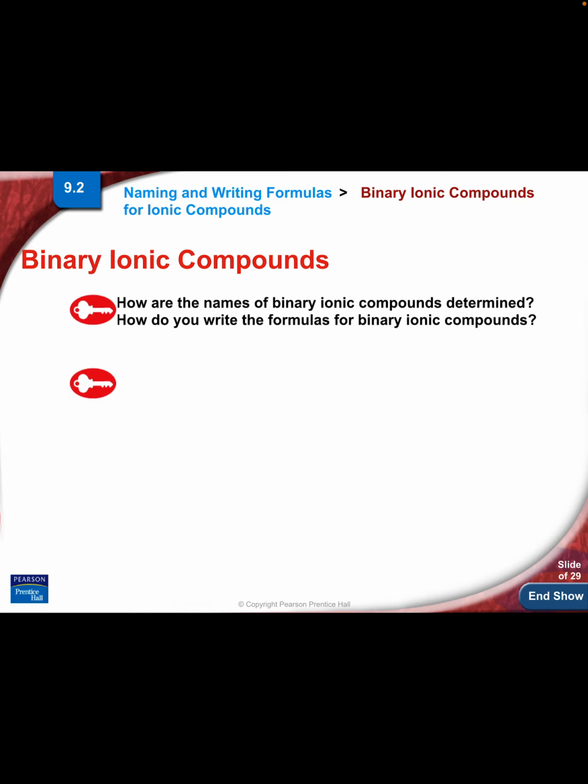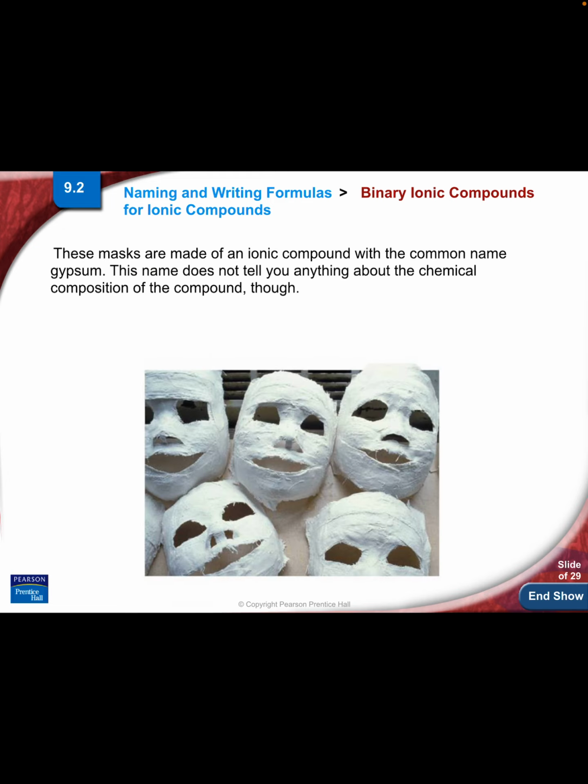Our goal is to write the names of binary ionic compounds and write the formulas for them as well. We want to write the formula given the name, and say the name given the formula.